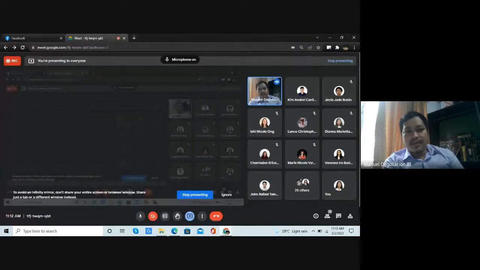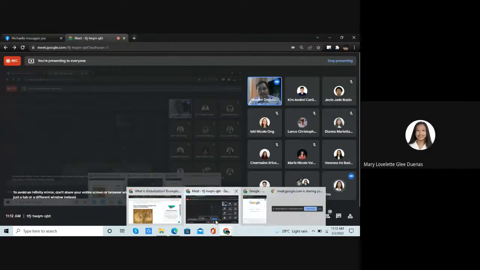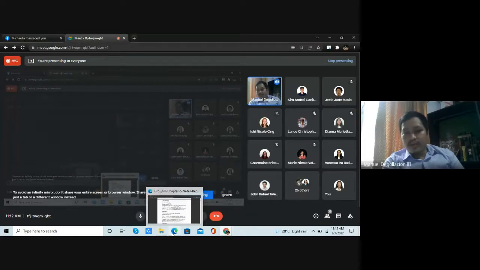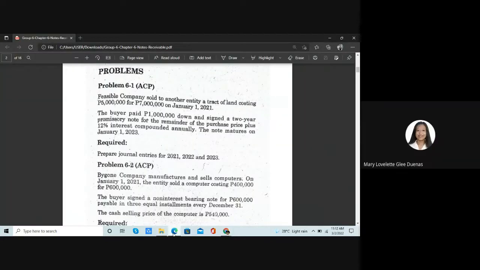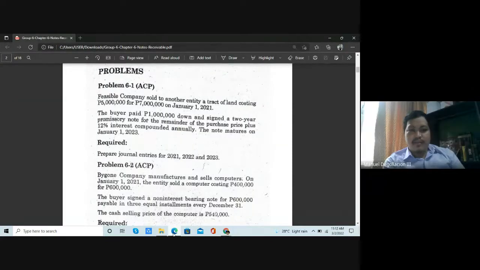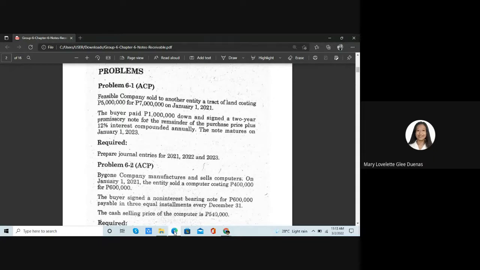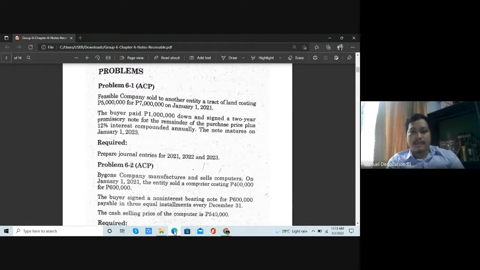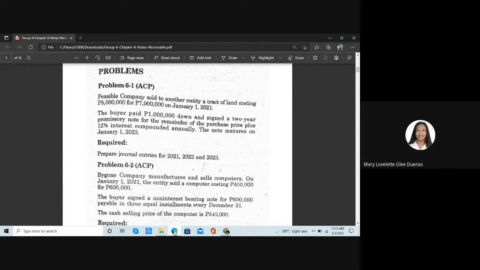Yes, sir. Since we're dealing with a notes receivable here, we expect that we will have to accrue interest. And what entry will we have to prepare to recognize the accrued interest? Debit accrued interest receivable for 720,000 and credit interest income for 720,000.